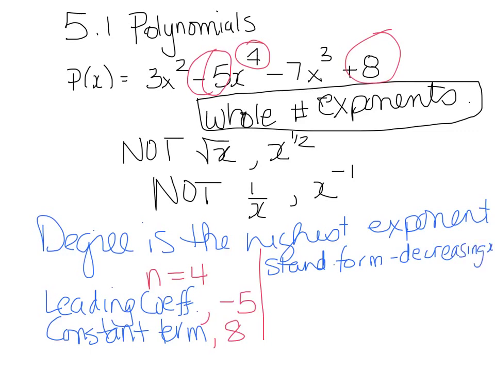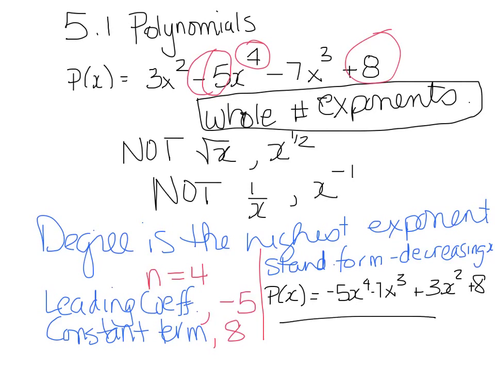Okay, so let's see if we can write this one in decreasing powers. I'd start with the -5x to the 4th, and then add my -7x cubed, and finally I have my 3x squared, and plus 8. So that would be a standard form, where I have the exponents in a decreasing order.